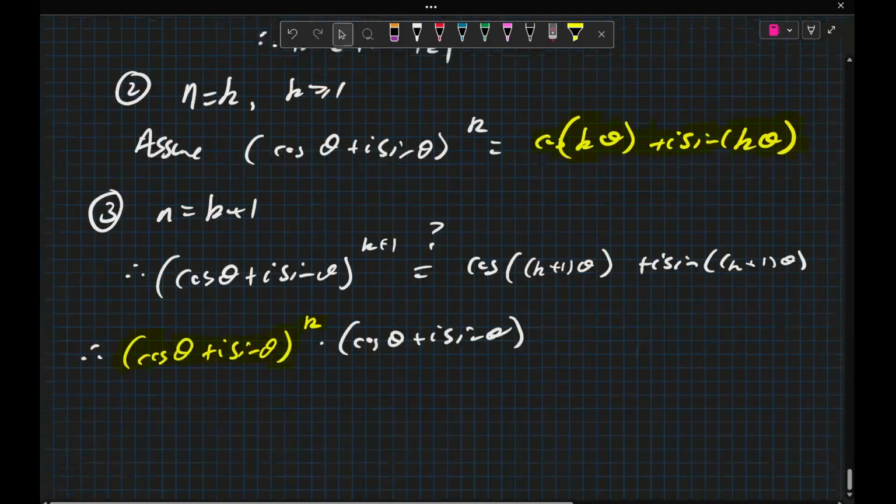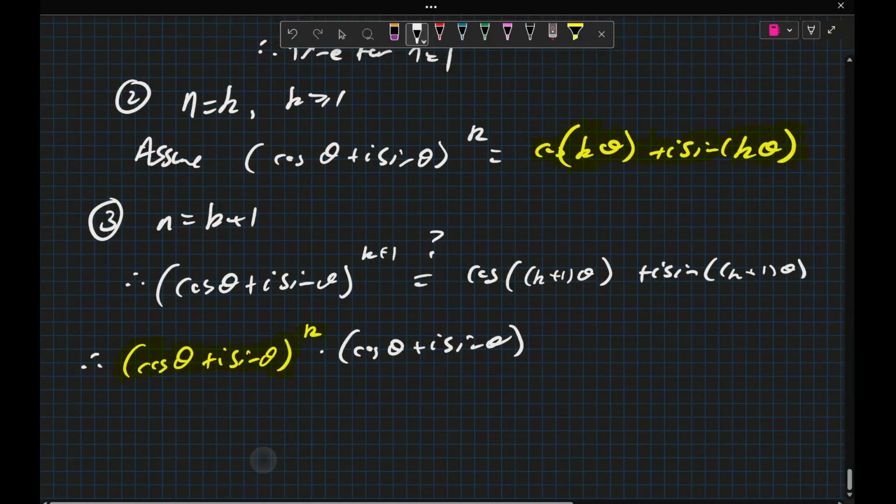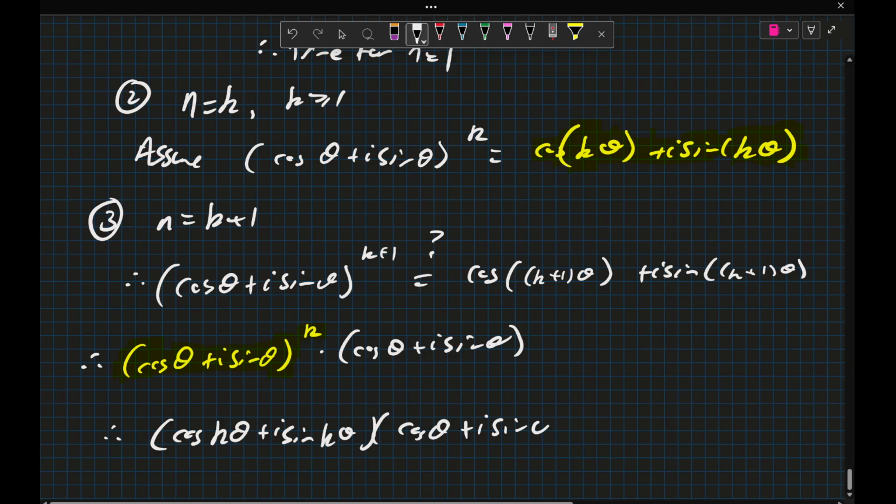Slight OCD, I want it all filled in. So those things are going to be linked. And so we're going to have cosine k theta plus i sine k theta multiplying with cos theta plus i sine theta.